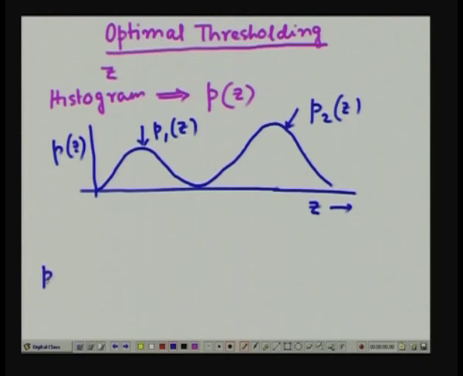So, this overall p(z) we can write as capital P1 times P1(z) plus capital P2 times P2(z), where capital P1 indicates the probability that a pixel will belong to the background, and capital P2 indicates the probability that a pixel belongs to an object.